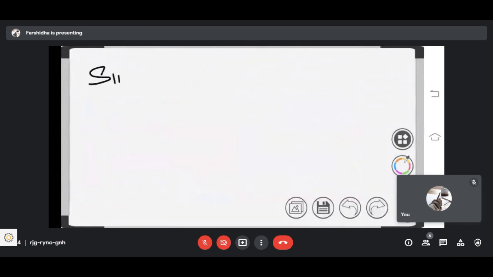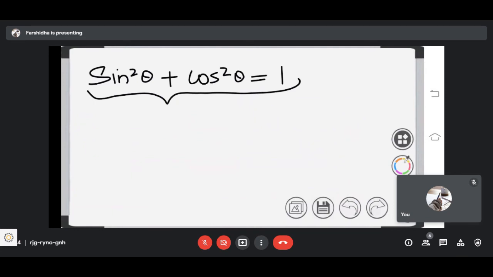So from the first identity, sine square theta plus cos square theta equal to 1, you can derive formula for cos square theta and also sine square theta. From this identity, I can write sine square theta is equal to, I'm taking this cos square theta this side, so plus cos square theta will become minus cos square theta, 1 minus cos square theta.